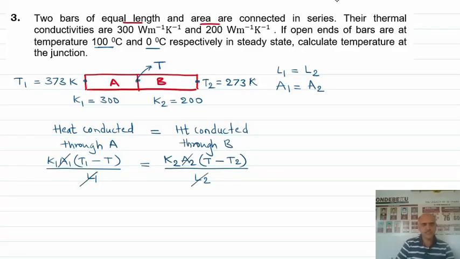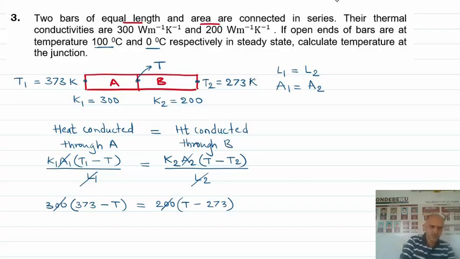Now substitute the remaining values. K1 is 300 into bracket T1 which is 373 minus T, is equal to K2 which is 200 into T minus 273. Now the zeros cancel on both sides. Now multiply 3 inside.